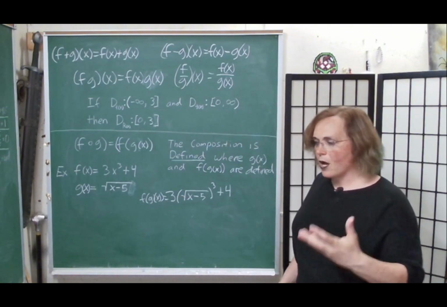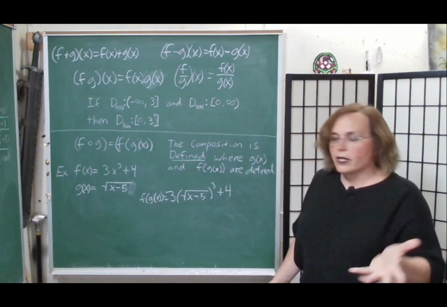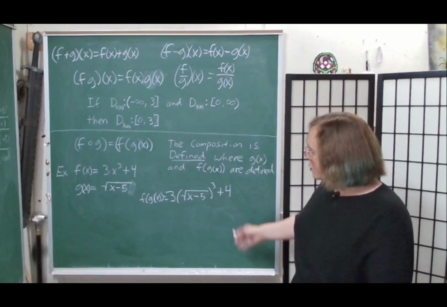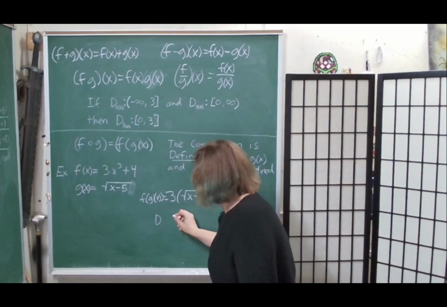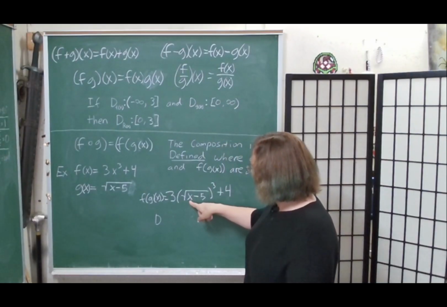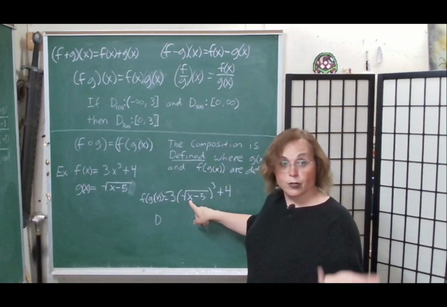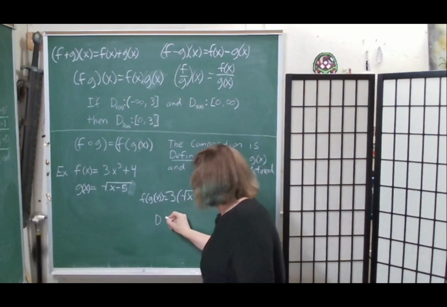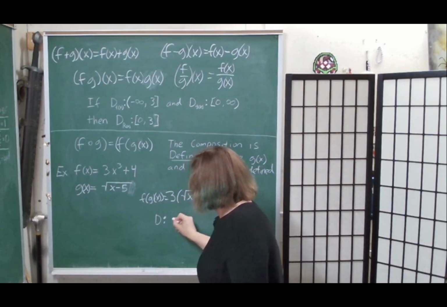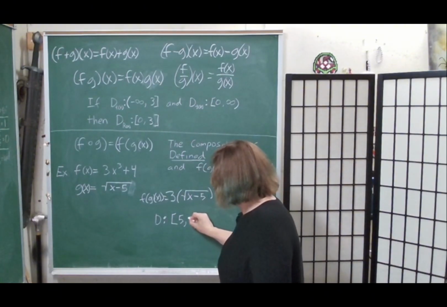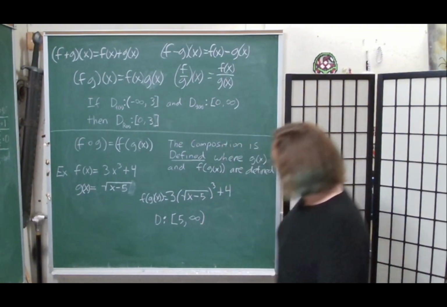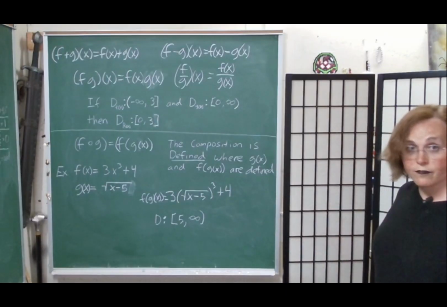Usually if you're working with a complex plane, you declare it. So that means our domain is limited. Our domain is limited from 5, because we can have 5. That would put it at 0, and the square root of 0 is fine. So our domain is limited at 5 up to infinity. And so that would be the domain of our composed function.